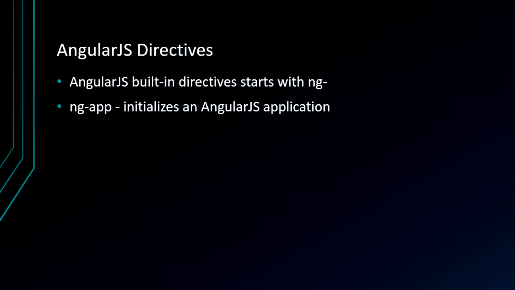We already saw this in the first introduction video. Then ng-init. ng-init is an event which will trigger when the element is loaded. If you add this ng-init attribute to a div element, when the div is loaded onto the DOM or onto the browser, it will immediately trigger this ng-init event.